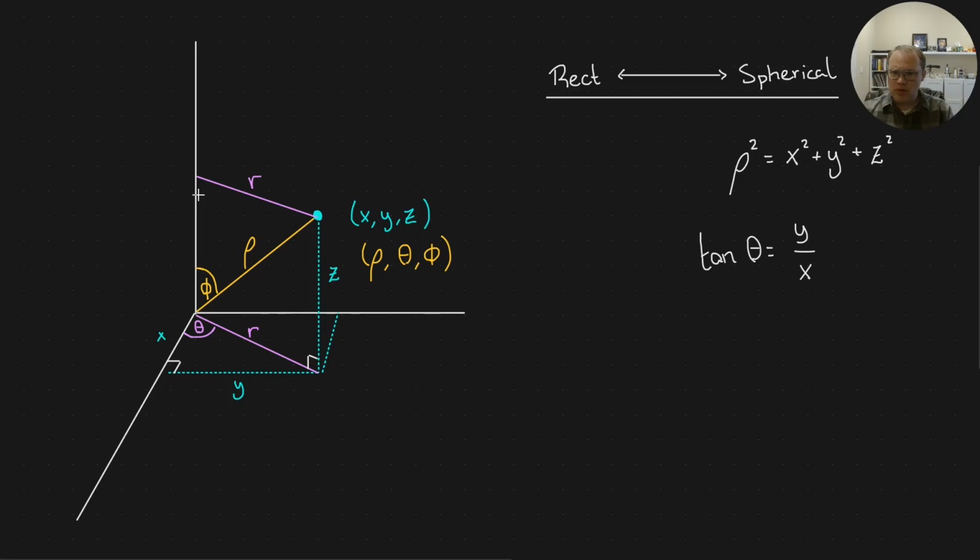So now, using a little geometry, we know that if this is phi, this must also be phi, right? Because these are right angles. And we know right angles are 90 degrees.